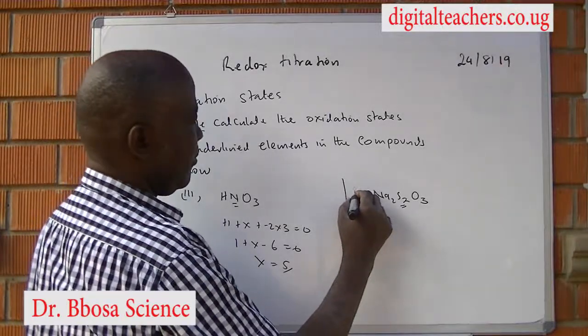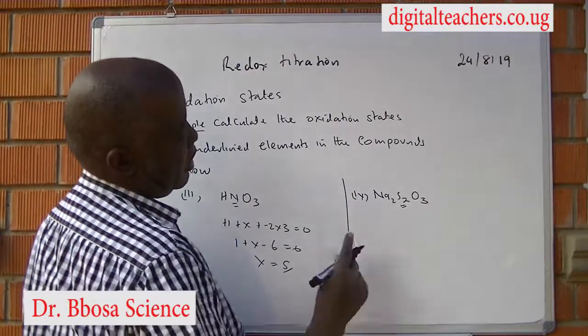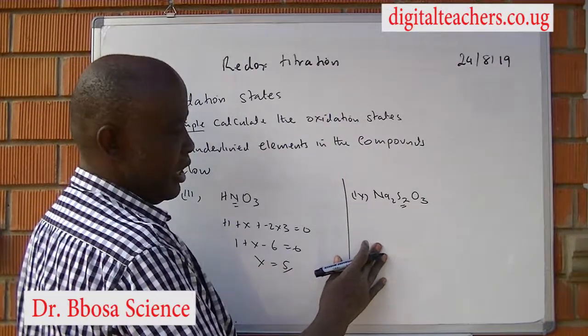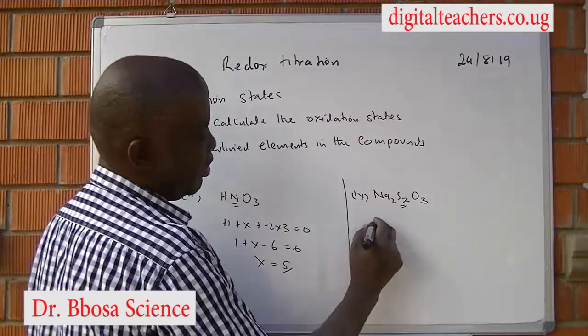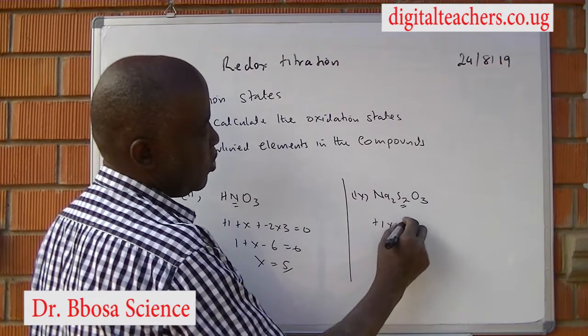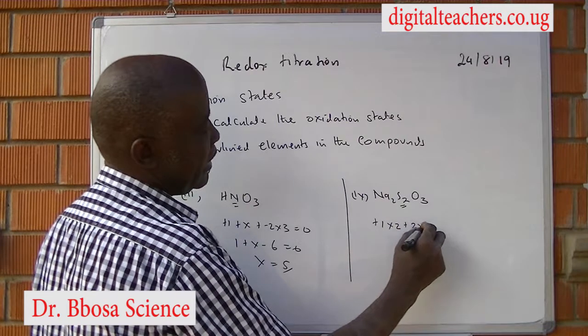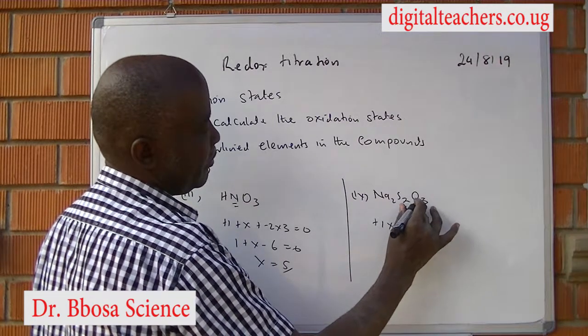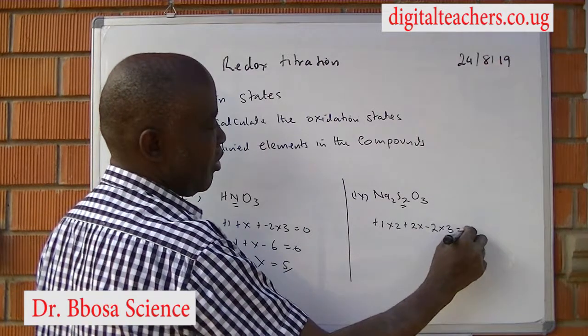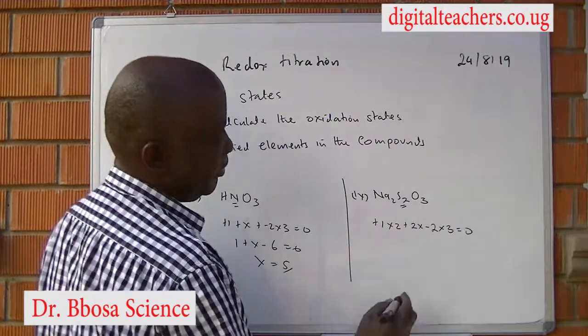Then part 4, sodium thiosulfate. Sodium is in group 1. Elements in group 1 have oxidation state positive 1, times 2, plus 2x minus 2 times 3, the overall charge on the molecule is 0.